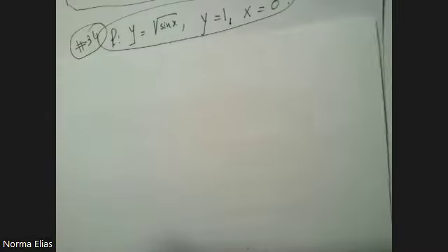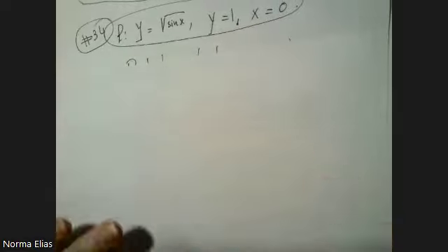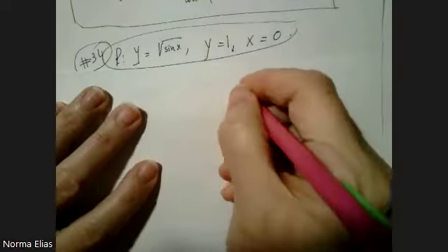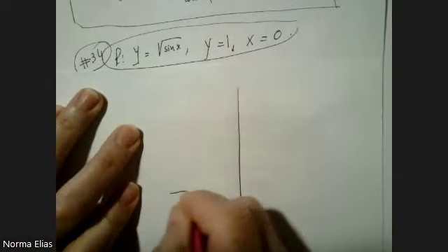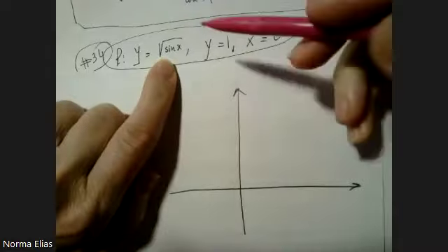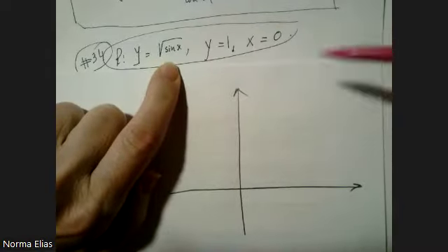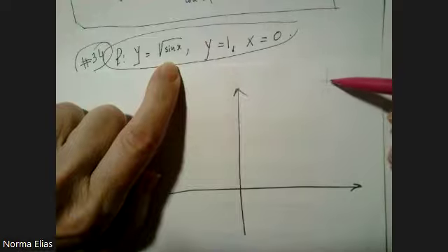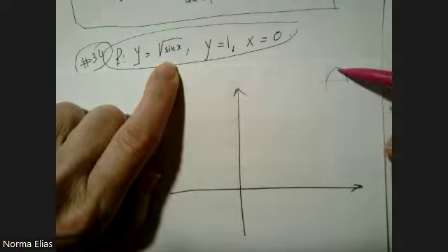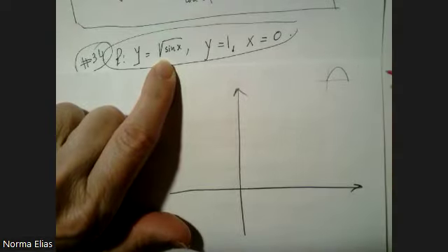So let me graph first. Okay, so let me graph it. y equal the square root of sine x. So between 0 and pi, we know that the sine is positive between 0 and pi. So that's the graph of sine. The graph of the square root of sine is going to be kind of similar.